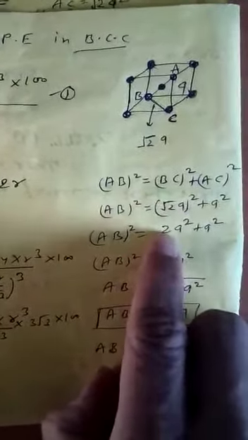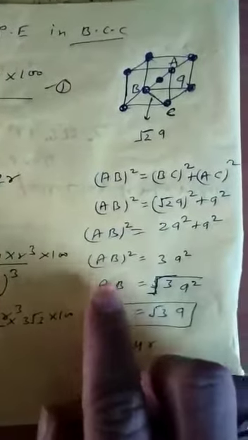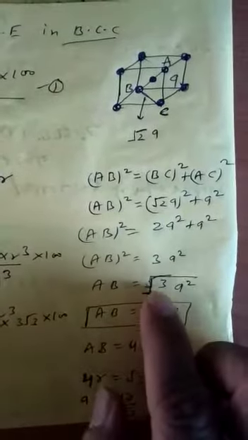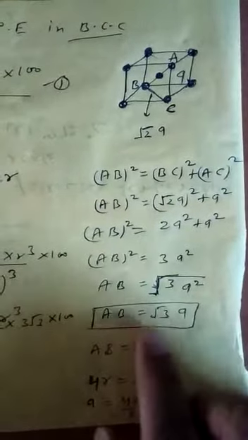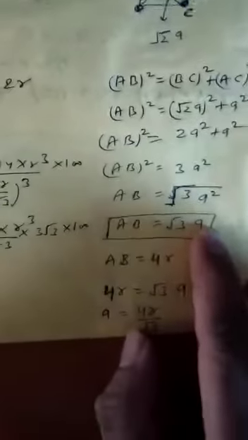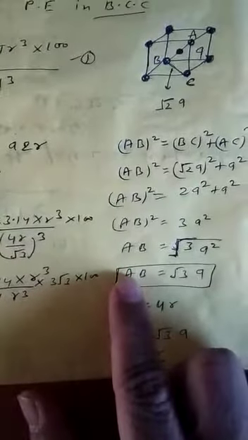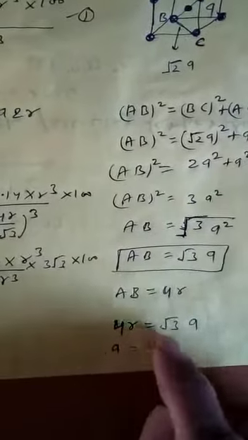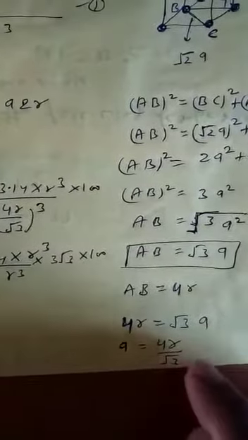So it will give you 3A square. So AB square is equal to 3A square. Now what is AB? AB will be equal to root 3 A. So we know the value of AB is equal to 4R. So we can say 4R is equal to root 3 A. So A is equal to 4R upon root 3.